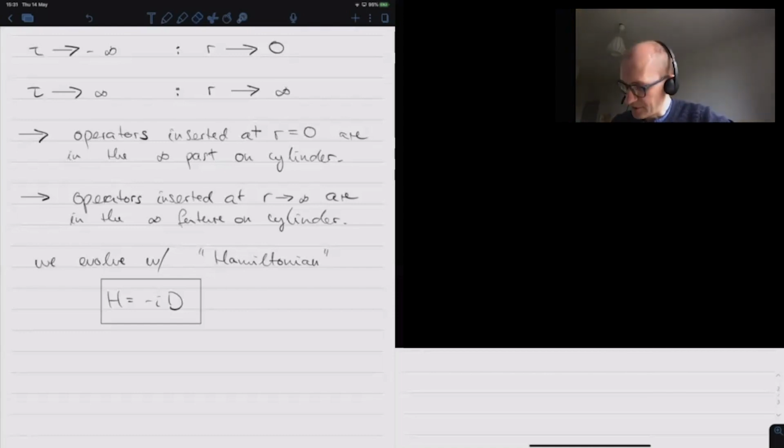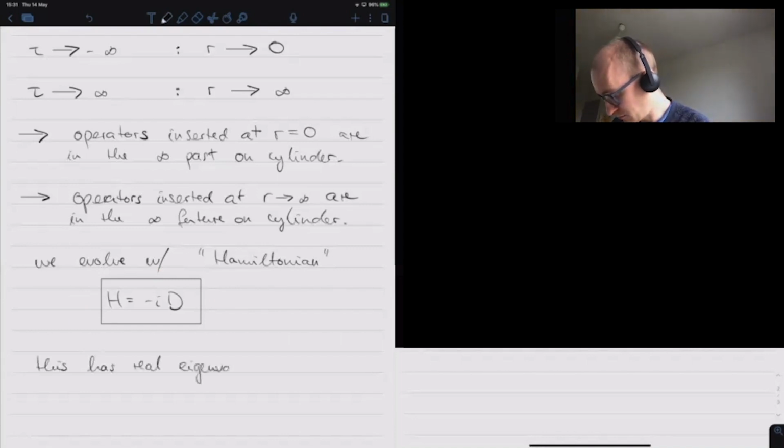So now the Hamiltonian is minus i delta. So the Hamiltonian H is equal to i delta. This has real eigenvalues, because of the various factors of i. Okay.